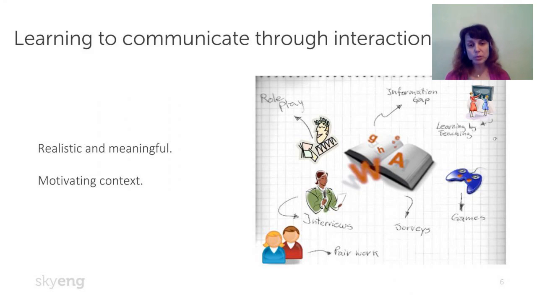So the first point is to learn to communicate through interaction. So not just read the text and retell it, which doesn't make any sense. If, for example, your friend read a book, the book was great, he liked it a lot, and he gave you the book.